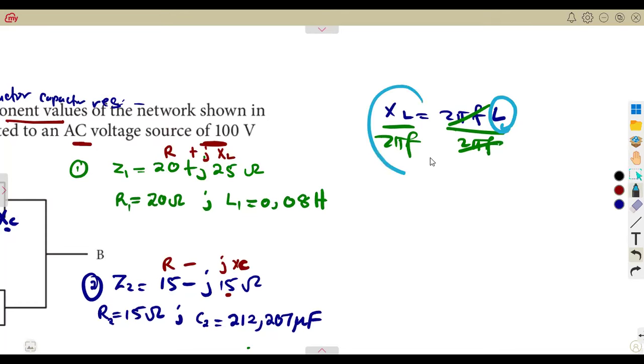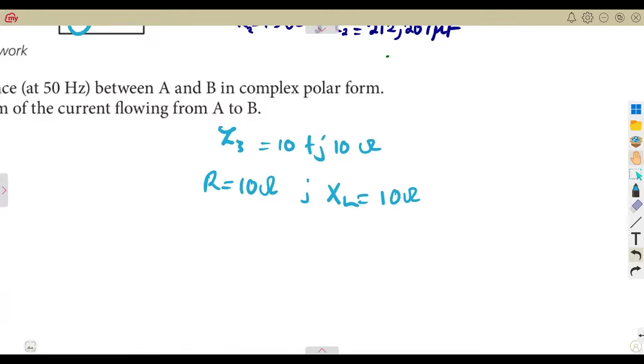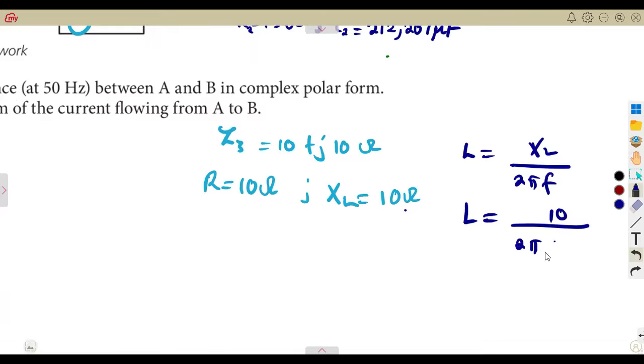Inductance is going to be XL over 2 pi F. So we are going to have our inductance from XL over 2 pi F. So that is XL 10 over 2 pi times the frequency. Remember, the frequency is 50, guys. We are given this. Let us simplify this directly. Remember, I now have my calculator in the normal mode.